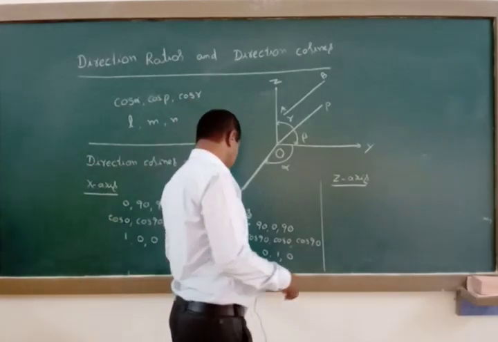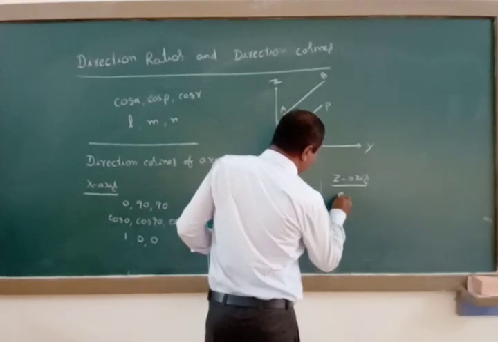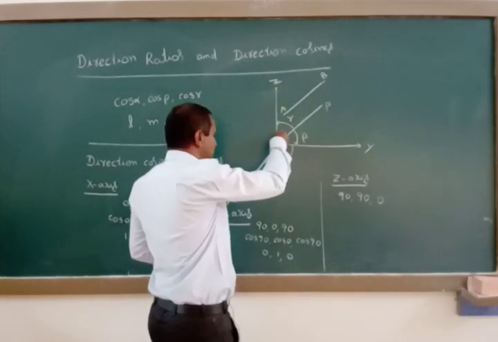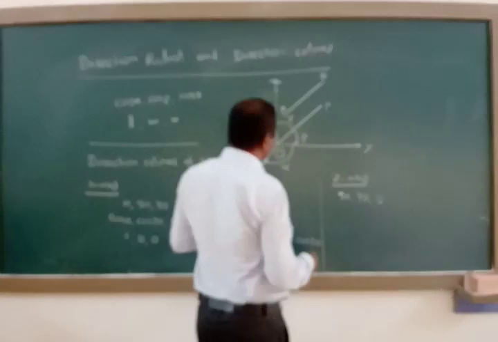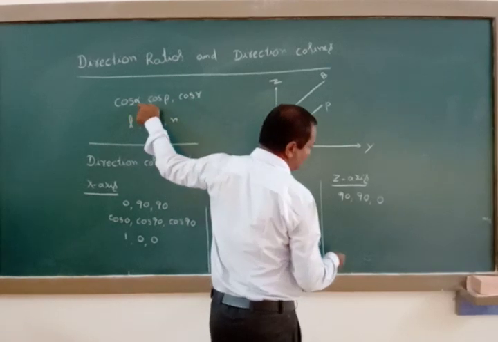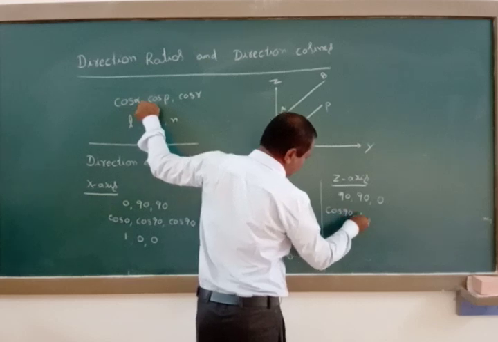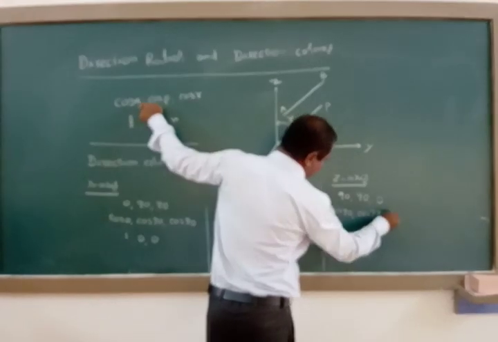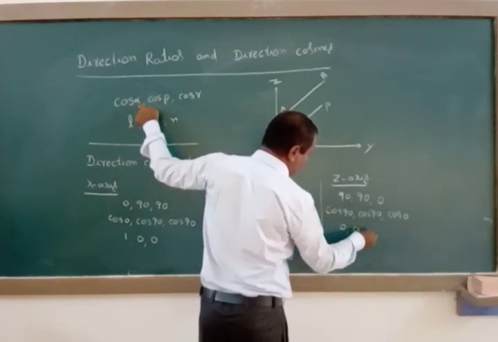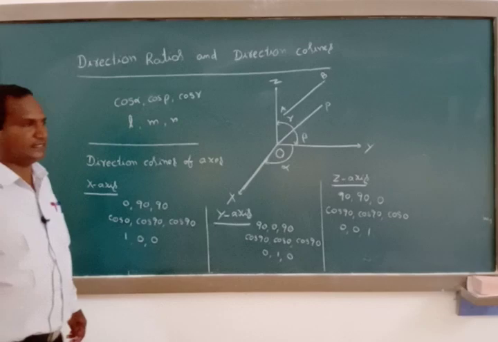Therefore the angles are 90, 90, 0. Writing the cosine values, we get the direction cosines of the z-axis as cos 90, cos 90, cos 0. Cos 90 is 0, cos 90 is 0, cos 0 is 1. Therefore 0, 0, 1 are the direction cosines of the z-axis.